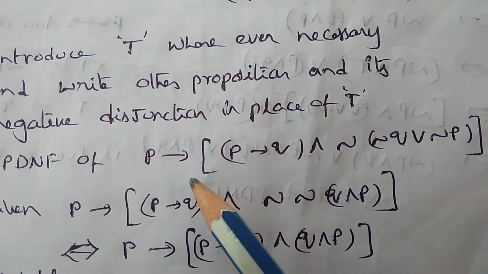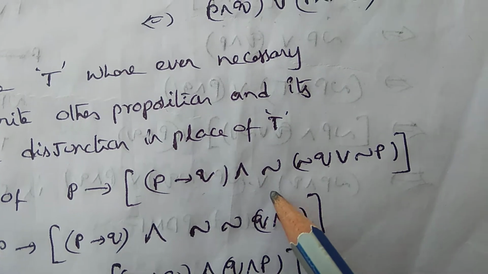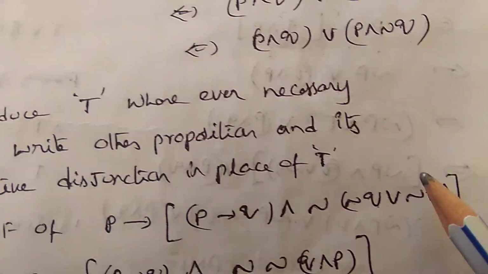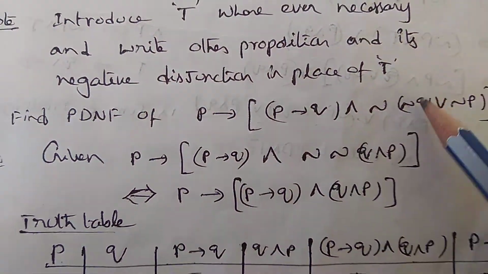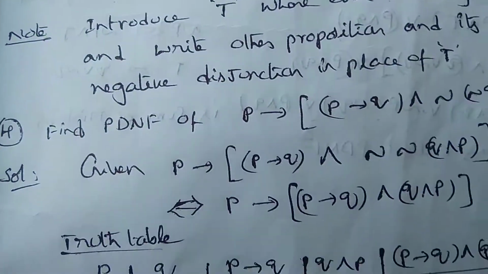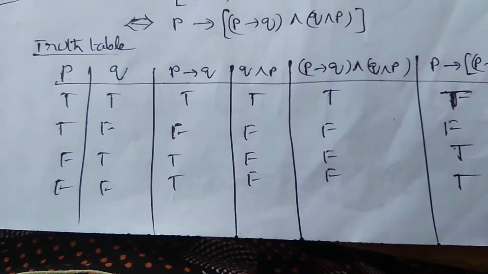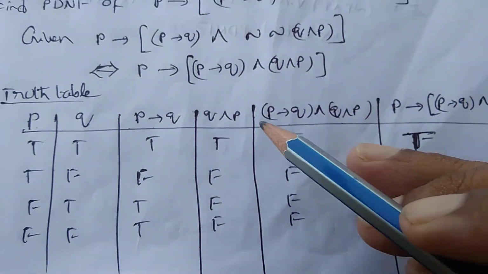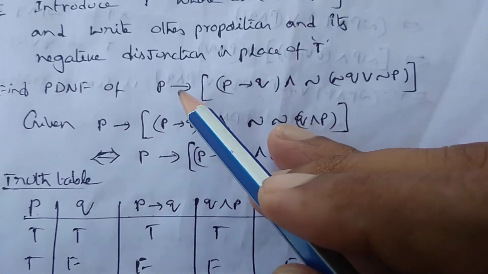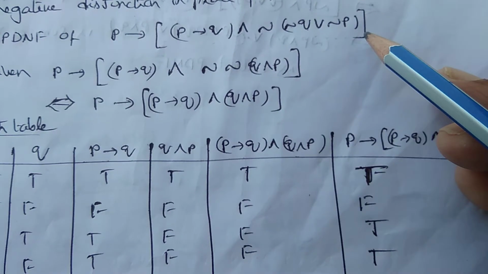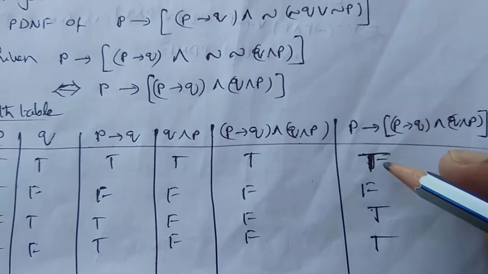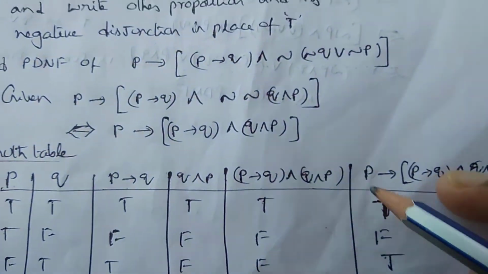Find PDNF of: if P then Q, and negation of negation Q or P. This is a huge problem with truth values. So construct a truth table for this compound proposition. So lastly, how can you get PDNF?